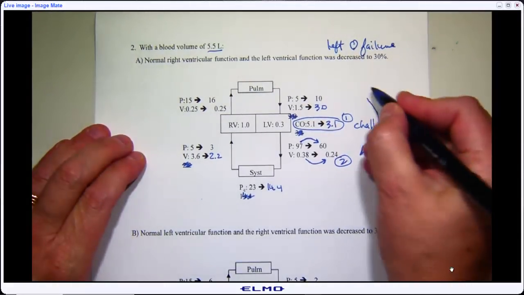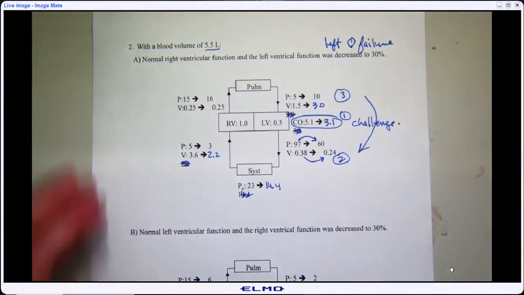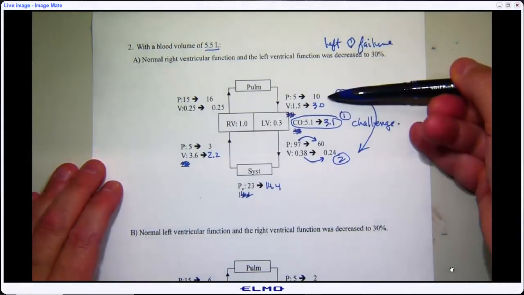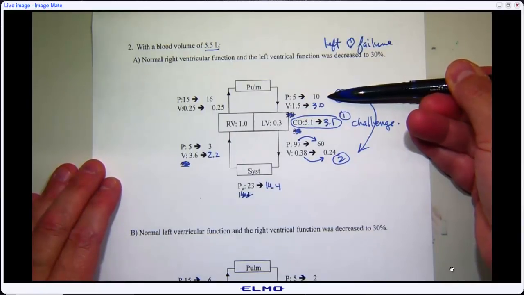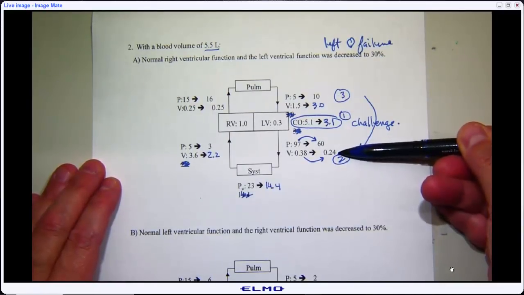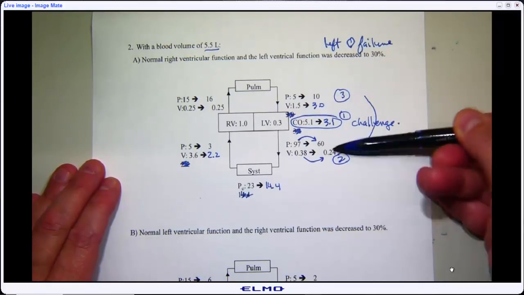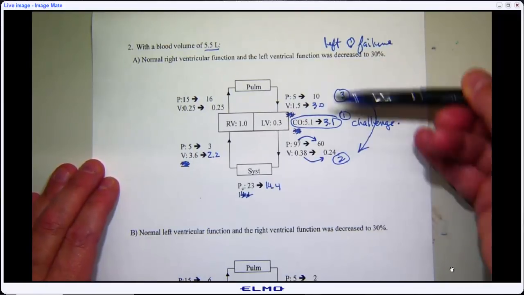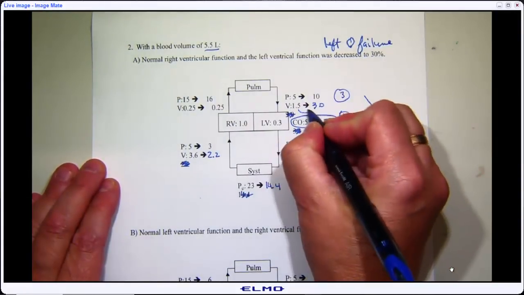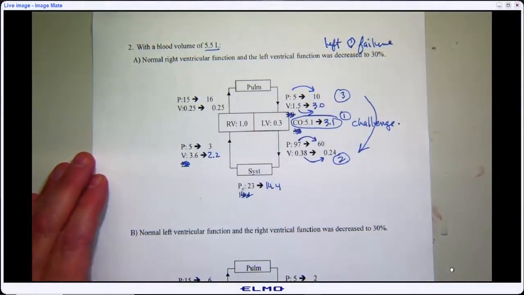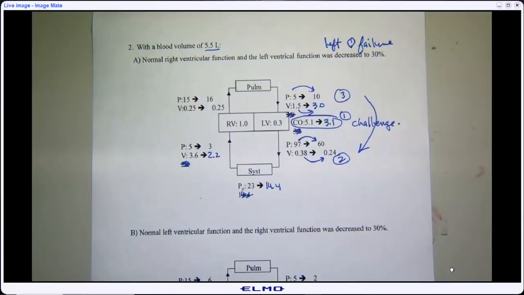And then of course it's easier to predict the compartment above the problem, right? If the heart was to be moving volume from pulmonary veins to systemic arteries and it's no longer emptying this compartment and it's no longer filling that compartment, we should see an increase in volume and an increase in pressure in the compartment above, and a decrease in volume and a decrease in pressure in the compartment below.